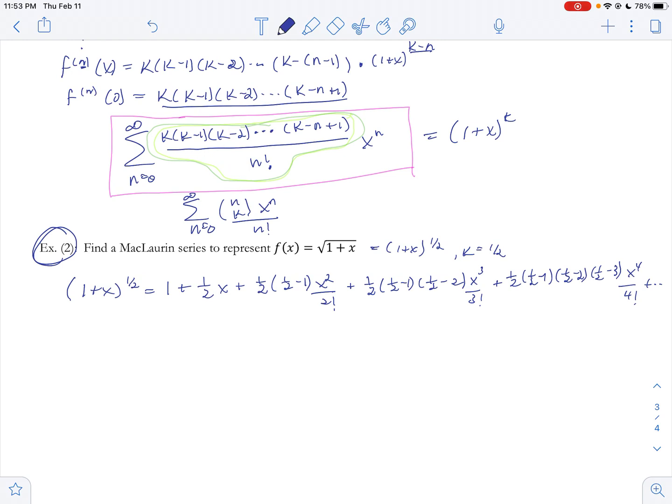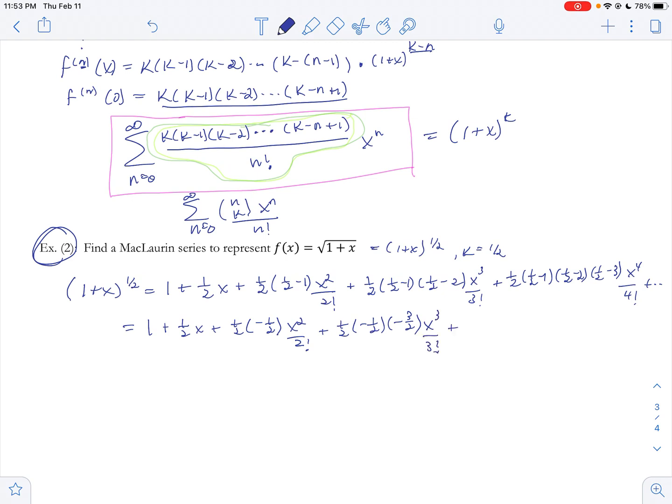I'm going to simplify that. That gives me 1 plus 1/2 x plus 1/2 times a negative 1/2 x squared over 2 factorial. The next term gives me 1/2 times a negative 1/2 times a negative 3/2 times x cubed over 3 factorial.